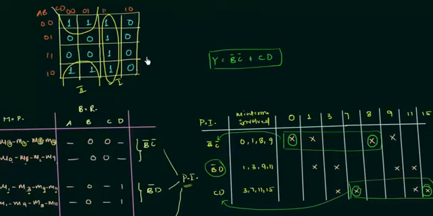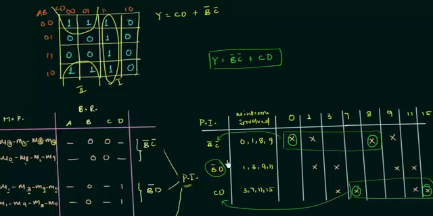So these are our essential prime implicants, and let's write down the minimized value for the first group. You can see we have CD, or for the second group we have B complement, and you can see we have C complement. So from the K-map also we got the same answer.